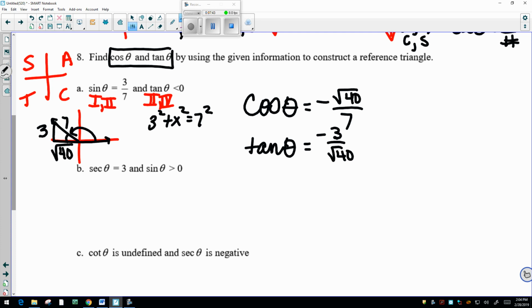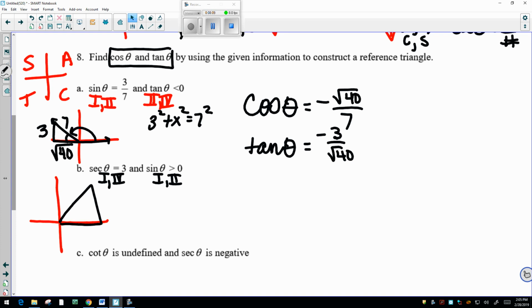If we try another one, letter B, so secant. Secant, it goes with cosine. So cosine is positive in our first and our fourth quadrants. Sine that's saying is positive, so sine is positive in our first and our second quadrants. So that's telling us, again, when we draw this triangle, I know that this has to be located in our first quadrant.